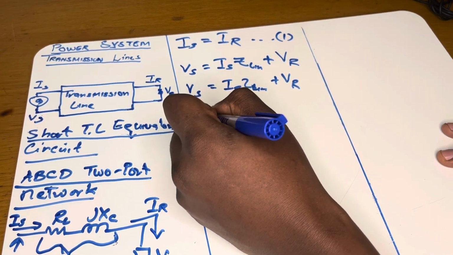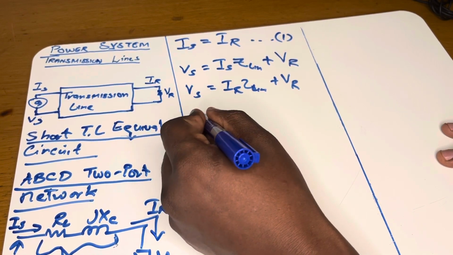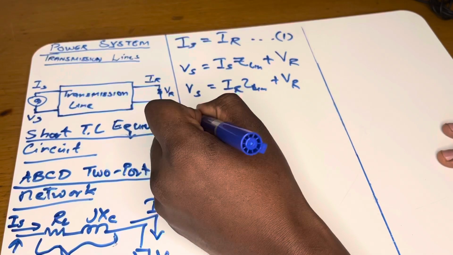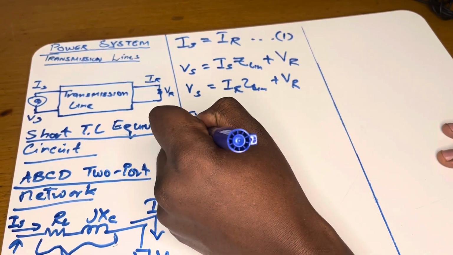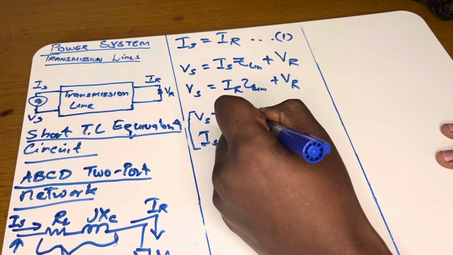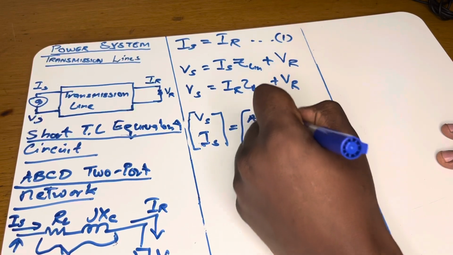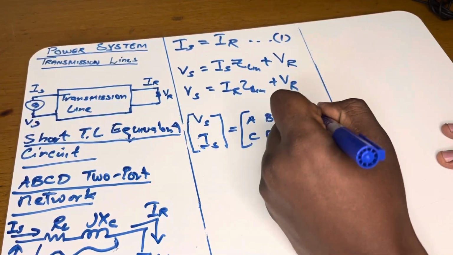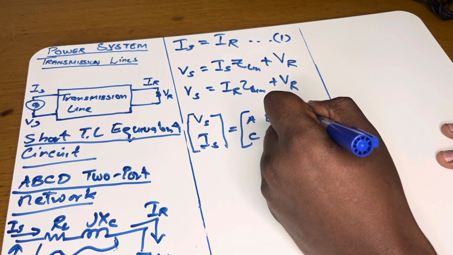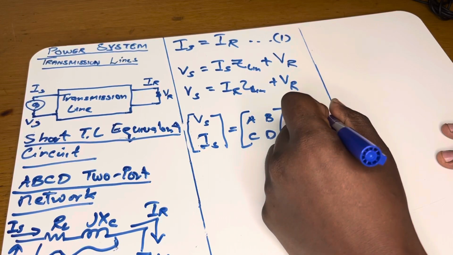It's going to be VS, IS equals the matrix A, B, C, D, multiplied by VR, IR.